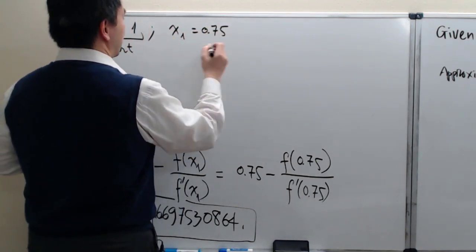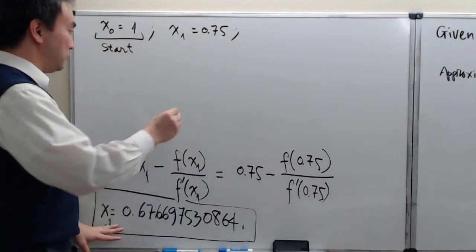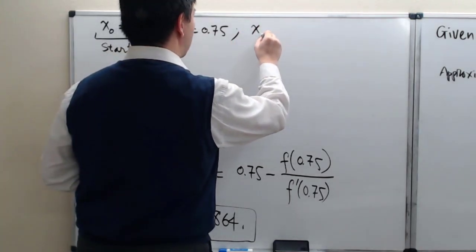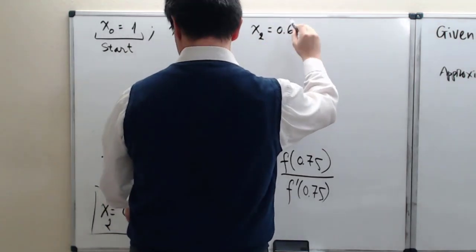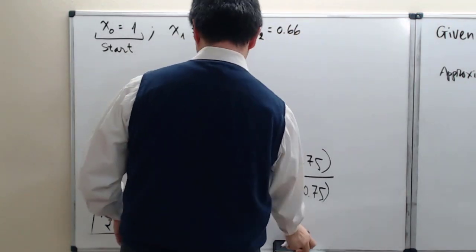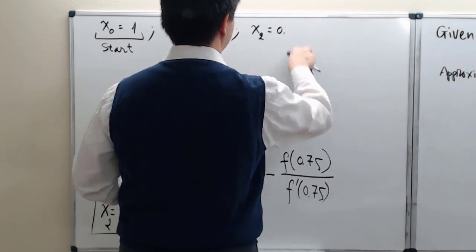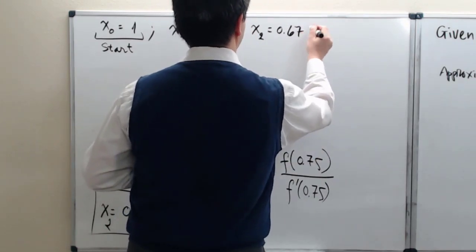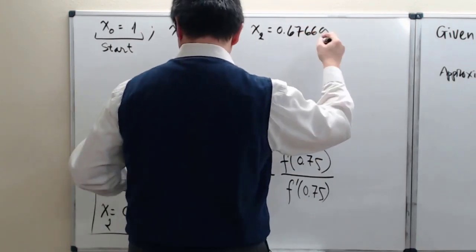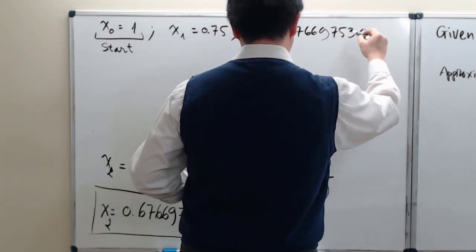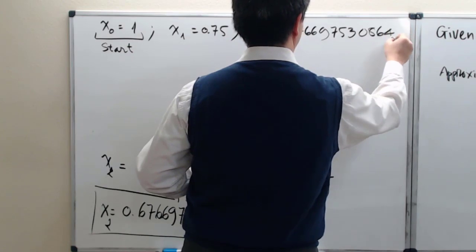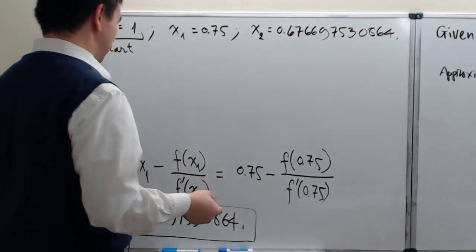And just now, I'm recording my x2, 0.67669 7530864. Okay, a very lengthy value, but it's working.